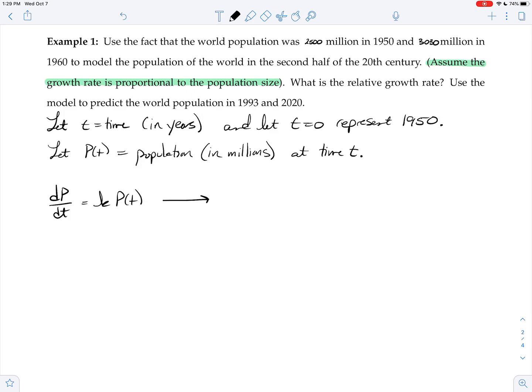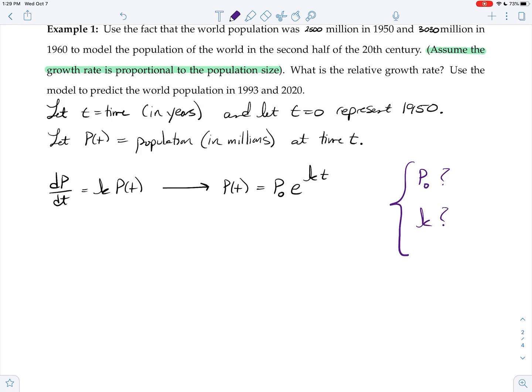And you now know that our population P of t has to look like some P naught e to the kt. So there are two details that we need to figure out: what's P naught, and what's k. And once I've got that, then I can answer all the other questions.